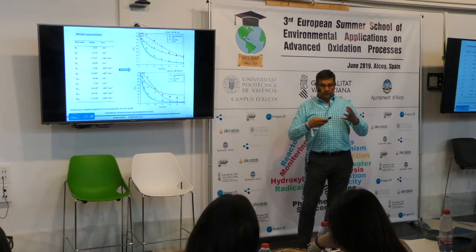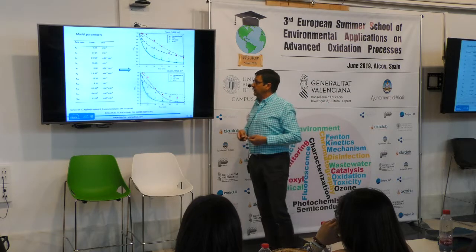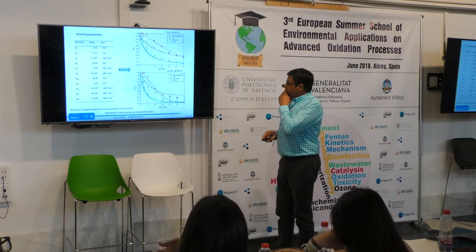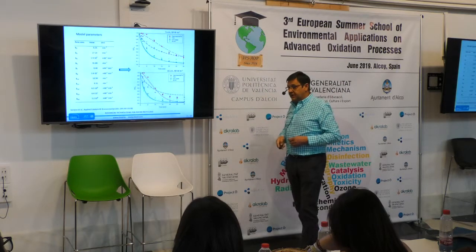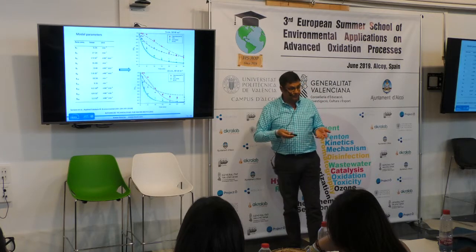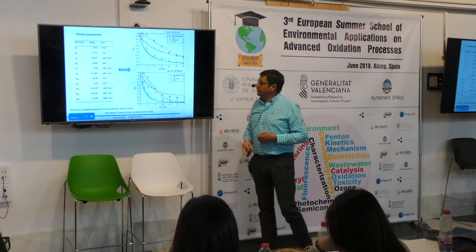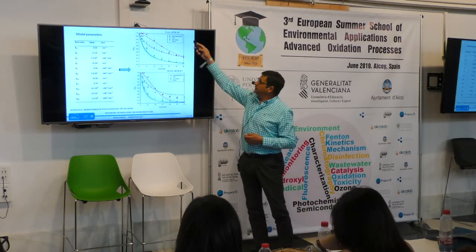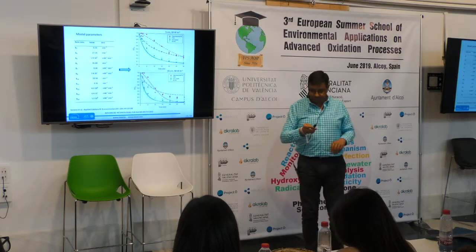I'm not going to explain how to reach this; you have another talk later. But only to show you how the model is able to reproduce the experimental results for different liquid depths and different irradiances. So the model works.